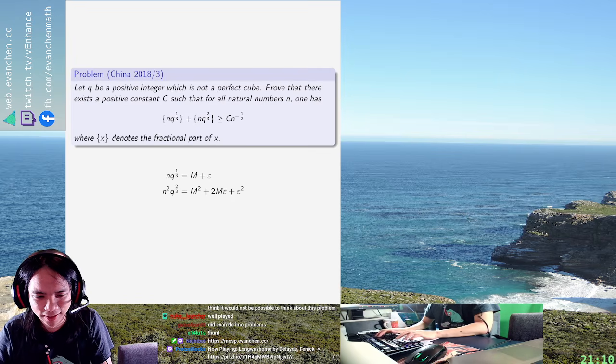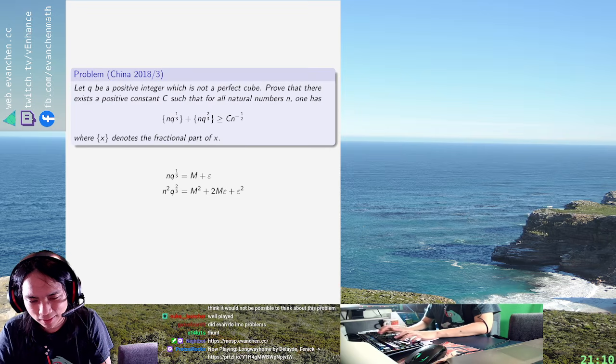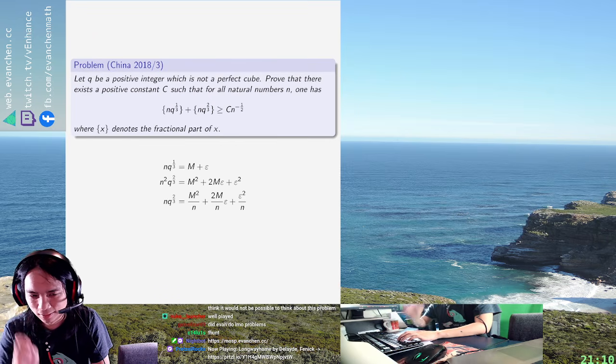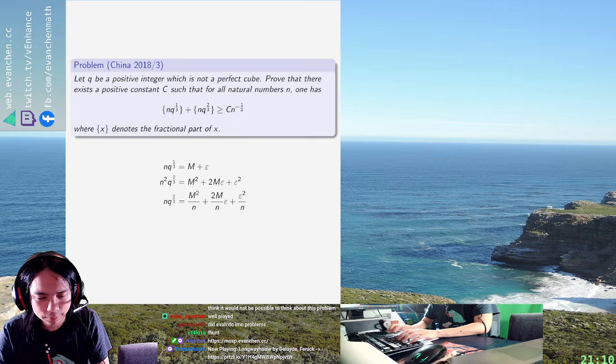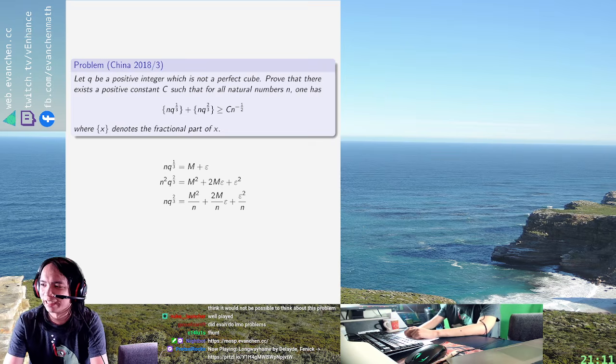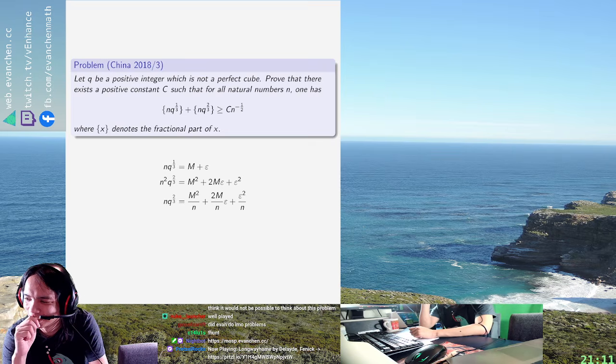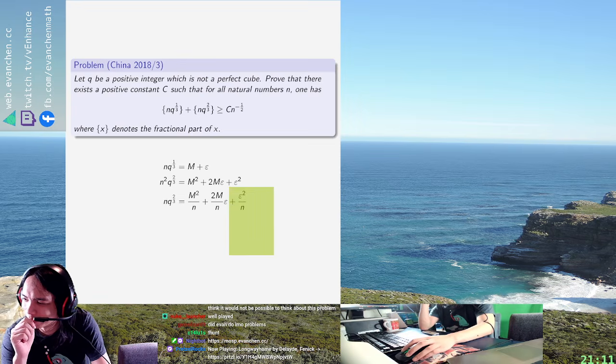Okay, so divide... At this point I want to get rid of m. So... Shoot. We have the epsilon squared here.